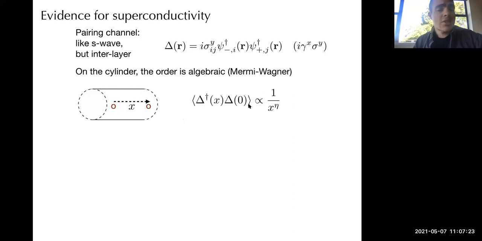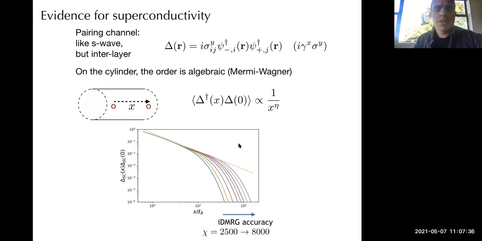So what we test for is we measure the superconducting 4-point function at 2 distant points along the cylinder, and we check to see if there's algebraic order in the superconducting order parameter. That order is going to be described by some exponent eta, which we can extract by looking at the fall off of the correlations. So here's an example of such superconducting correlations. The x-axis is the distance along the cylinder, measured in units of the magnetic length.